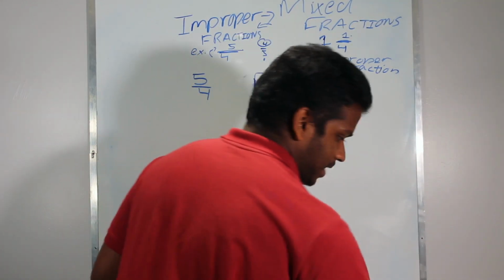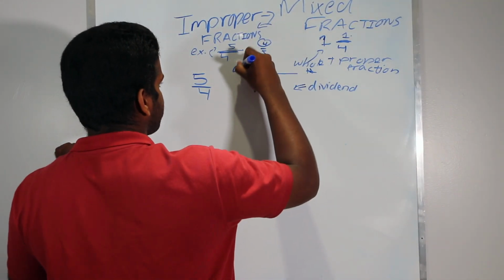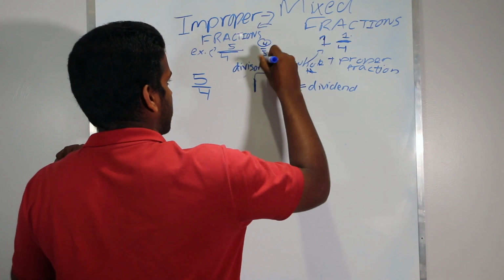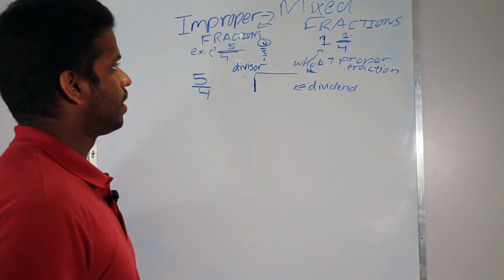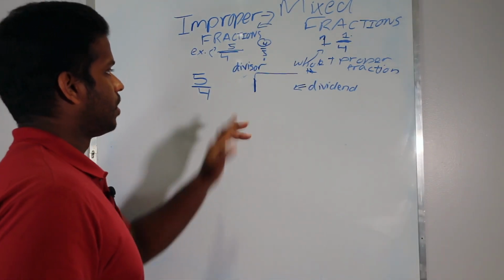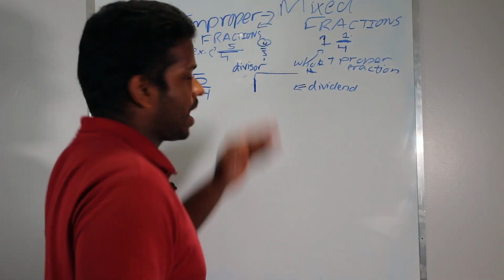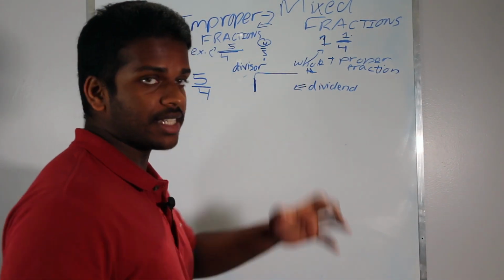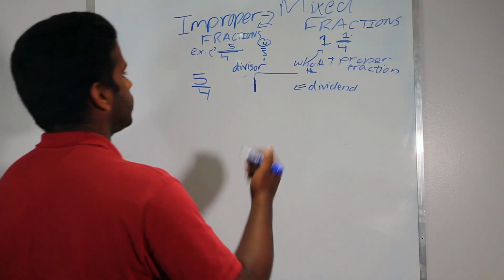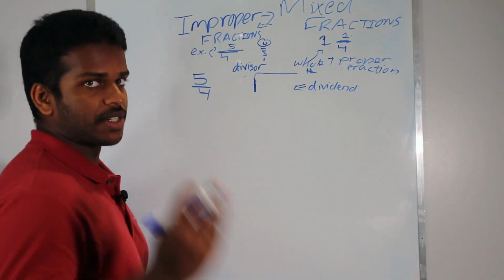And here is the divisor. Sorry about that confusion. The divisor is the number you're trying to divide the big number by, and the dividend is the actual number you're trying to divide. And here the quotient is the result.